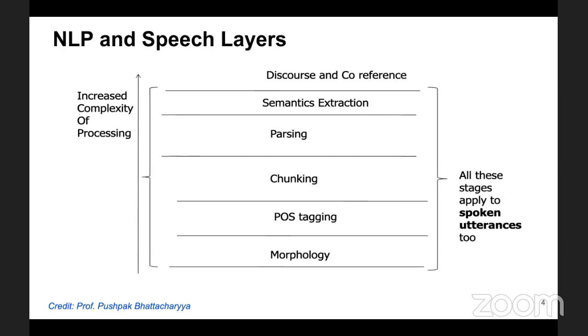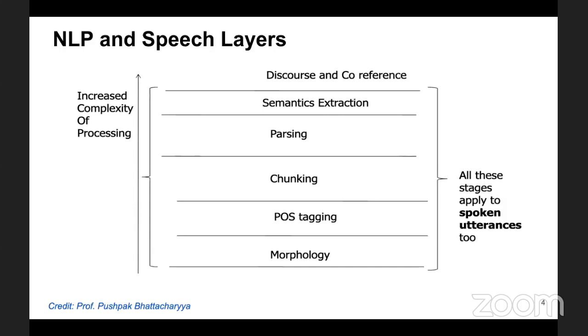Morphology is something that is processed or performed at a very basic word level. So when you try to process language and try to make computers understand language, you try to look at the words, then the structure in which the words have been put in a sentence or a phrase, and then you go on and try to look at its semantics.